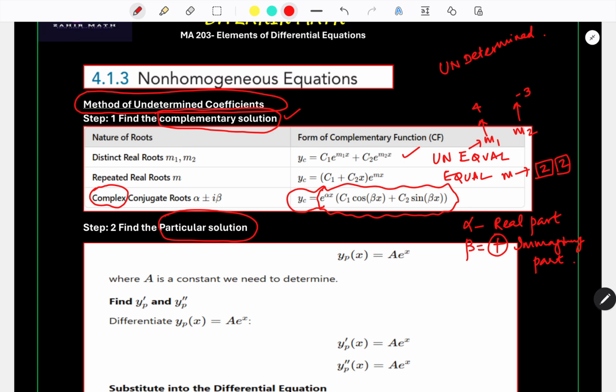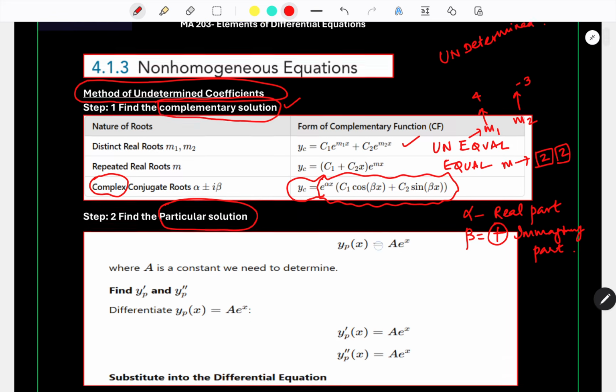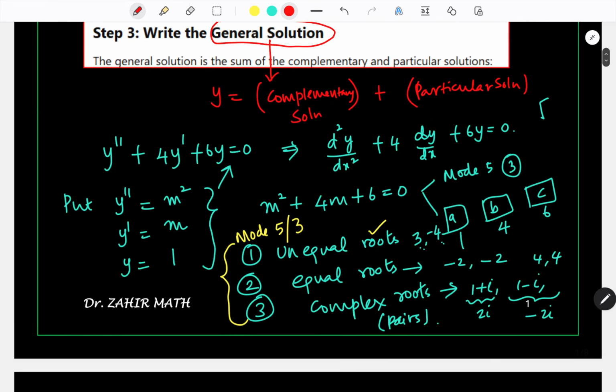What do you mean by positive? I said 1 plus i, 1 minus i is your answer in the calculator. So 1 is your real part and your imaginary part is also 1, not i. You have plus i and minus i, but don't consider the negative. Beta is always your positive imaginary part.